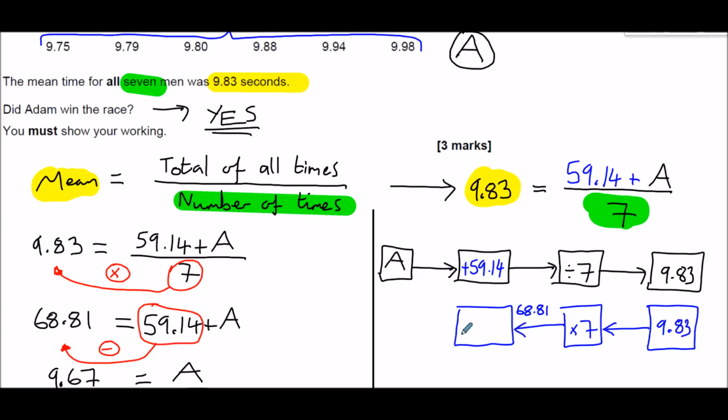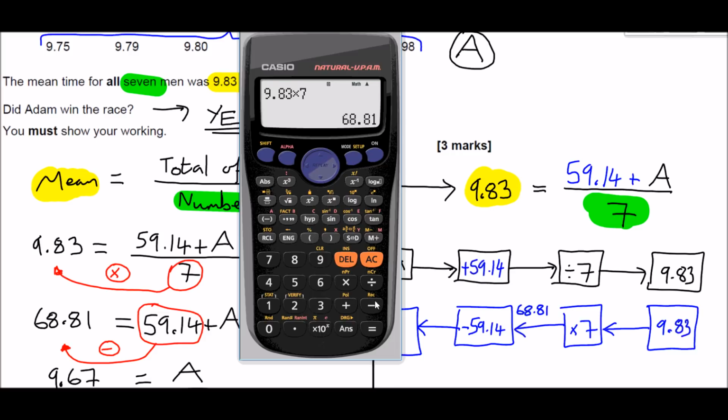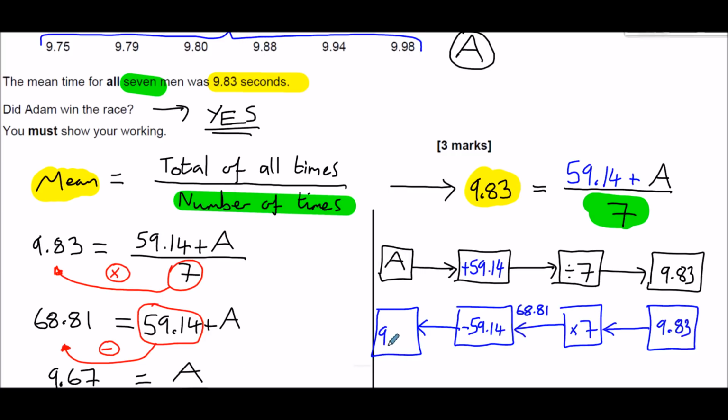But instead of adding 59.14, we're going to take away 59.14. So 68.81 take away 59.14 would again get us to 9.67. A different method I'm just showing you there, but a common and well-liked method nonetheless. So again, we'd see that Adam's time is 9.67 seconds, which would be a winning time.